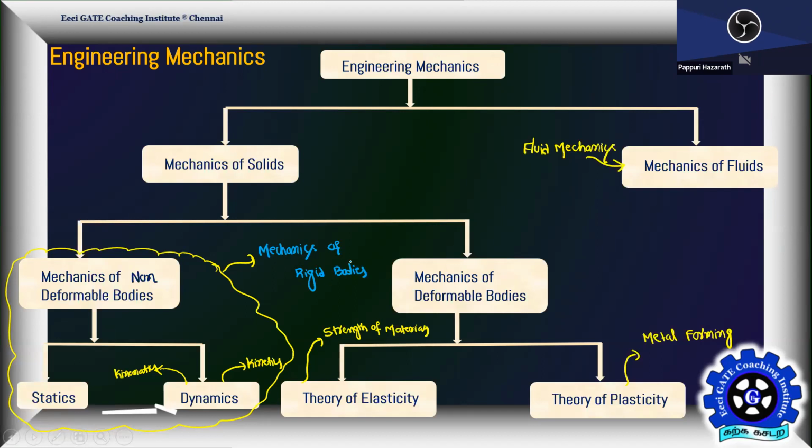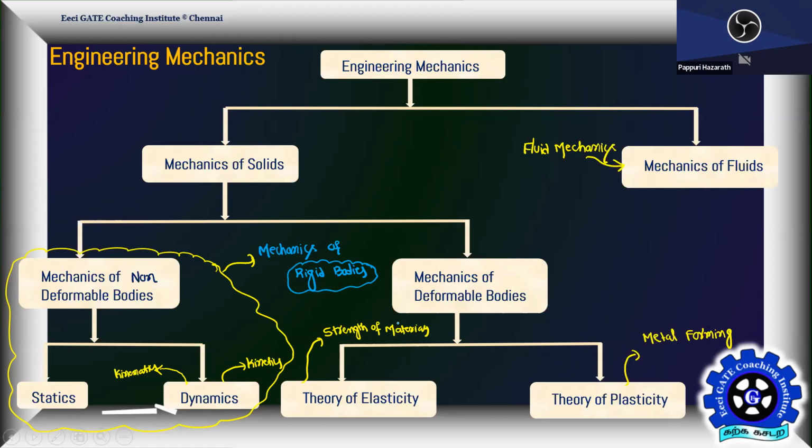When you apply a load on the body, it can't deform. Negligible deformation under the action of an infinite amount of force, that is called a rigid body. A rigid body is nothing but negligible deformation.